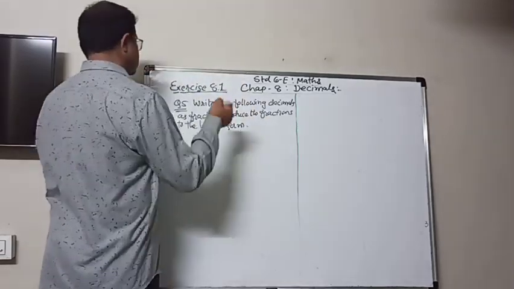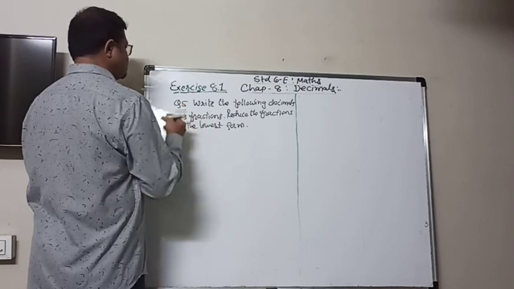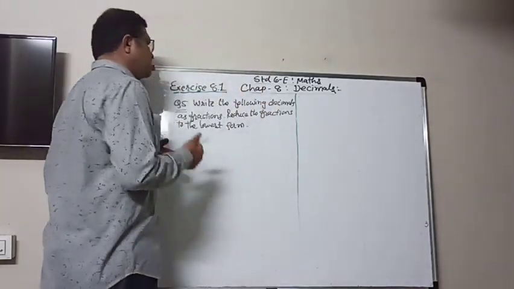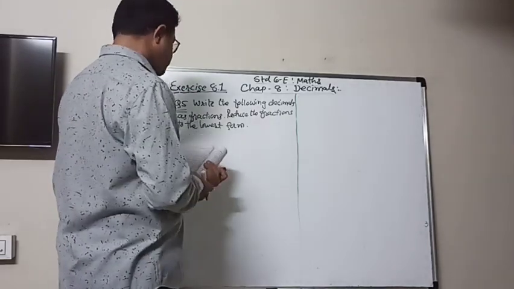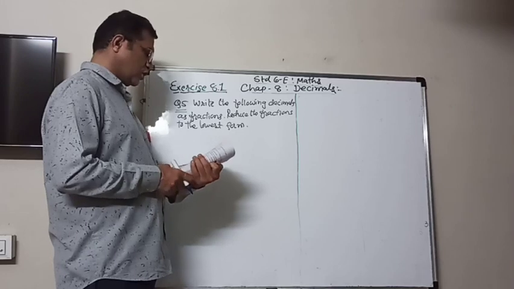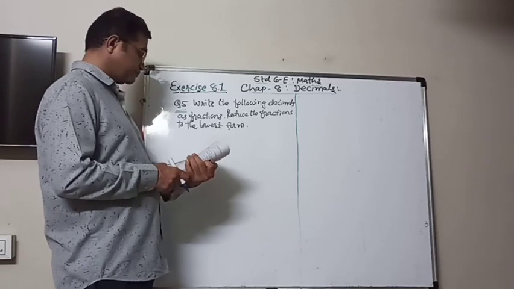So here some decimal numbers are given, and then we have to convert them in the fraction form and then in the reduced form or the lowest form.